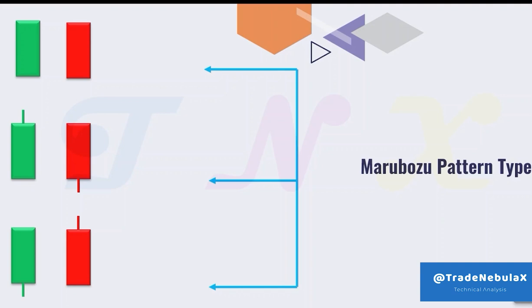The Marubozu candle can be bullish or bearish, indicating the direction of the trend. The presence of a Marubozu candle in the chart is undoubtedly a clear message of the strength of one side of the market, which shows that the operators are very determined indeed to push the price in a specific direction.